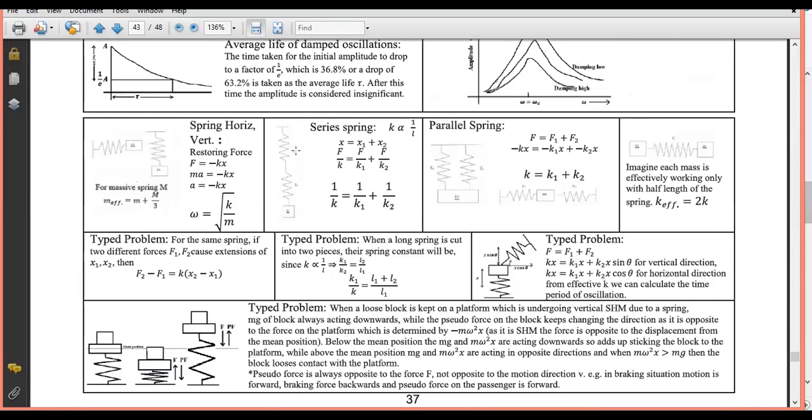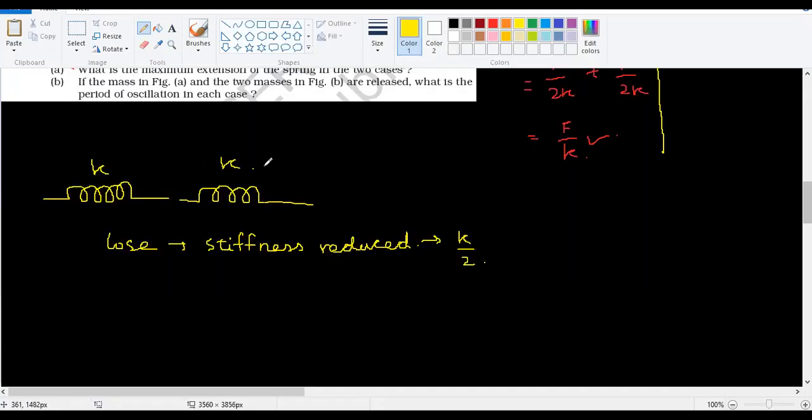So if you put two springs one after the other, it's something like series connection. So you have to use a formula, something like a parallel connection in resistance: 1 by K is equal to 1 by K1 plus 1 by K2. So since in this case I will be getting 1 by K plus 1 by K, it will become 2 by K, and when you take the reciprocal, it will become K by 2. So this particular example, it will become K by 2.